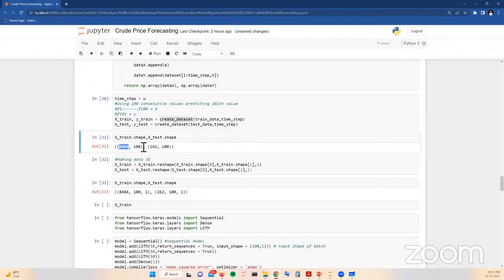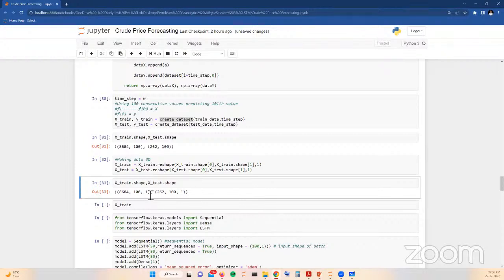But as I have only one variable, I need to shape my array in that particular form, so that LSTM understands that I'm getting a 3D structure, because LSTM only takes 3D arrays, 3D tensors, or whatever you want to give.